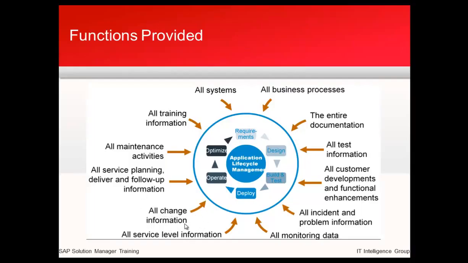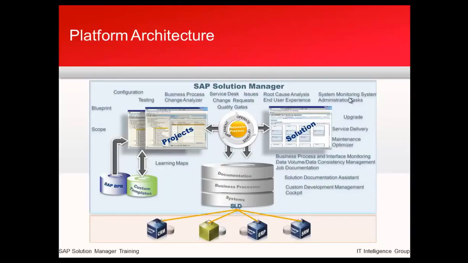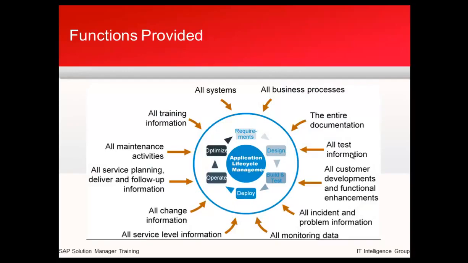So for changes you have change control management and you have maintenance optimizer to roll out the changes. Then you have all service planning, delivery and follow-up information, maintenance activities, training related information. So you can see that this provides for an application lifecycle management.